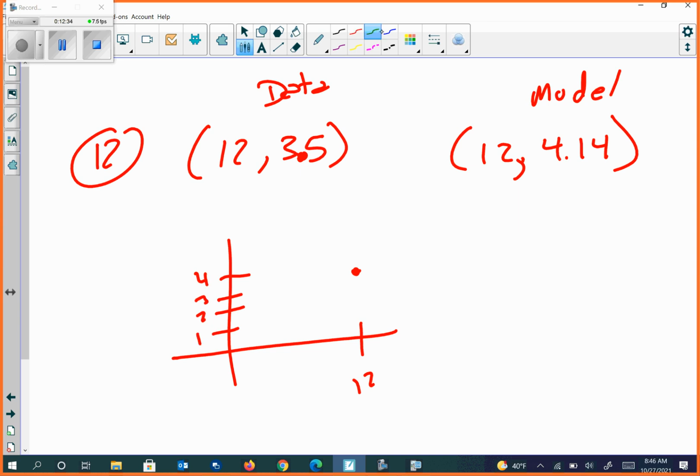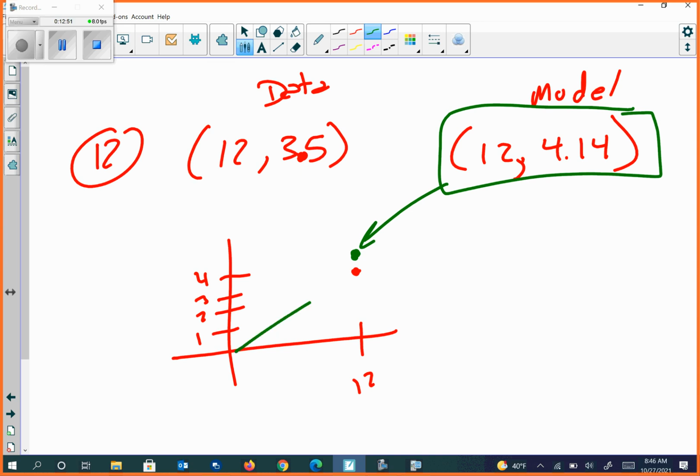That's what our data shows. Our model, because of our line of best fit, would show 12 comma 4.14. Is that residual going to be above or below our line of best fit? Our line of best fit's here, so it's above it. So I'm going to go 4.14 minus 3.5. So doing some math, 0.64, positive 0.64.